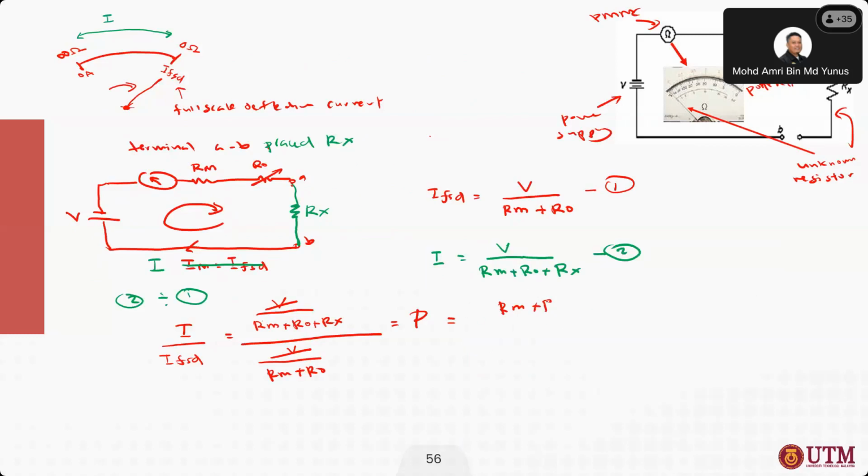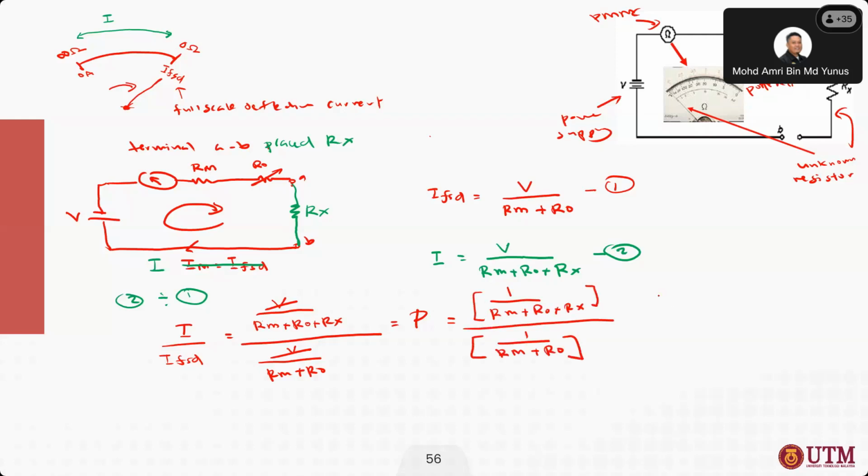We divide, let me show you the step. So here we have 1 over Rm plus Ro plus Rx divided by 1 over Rm plus Ro.